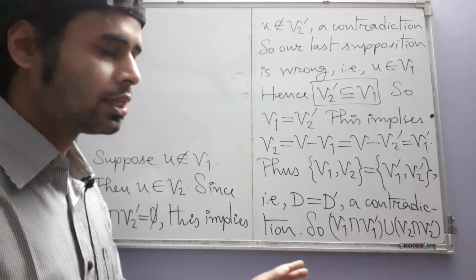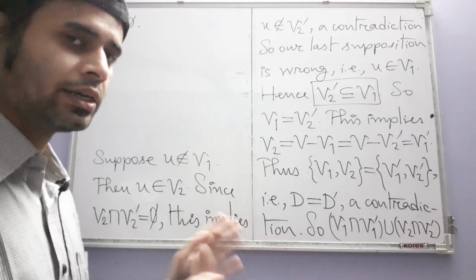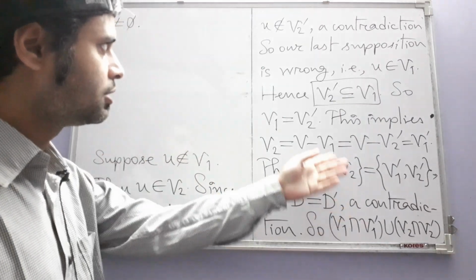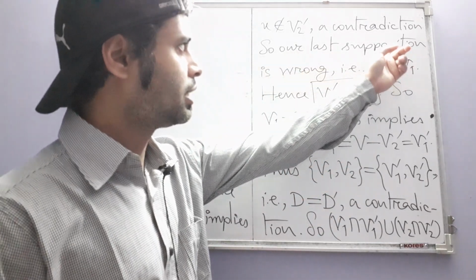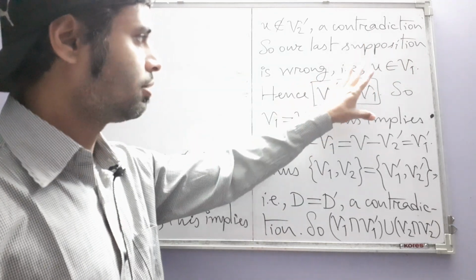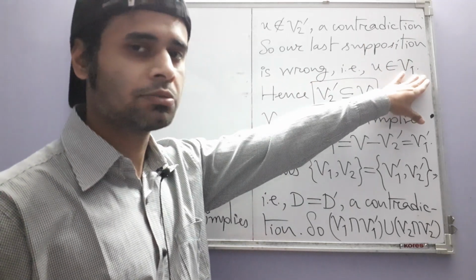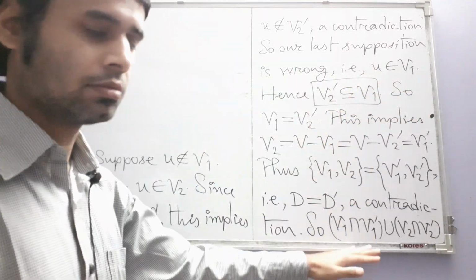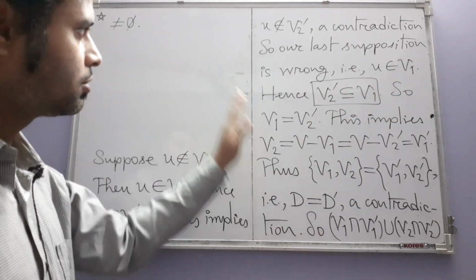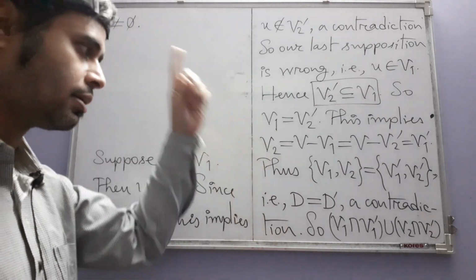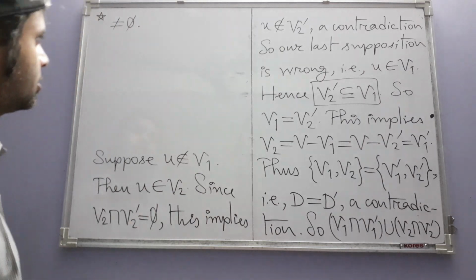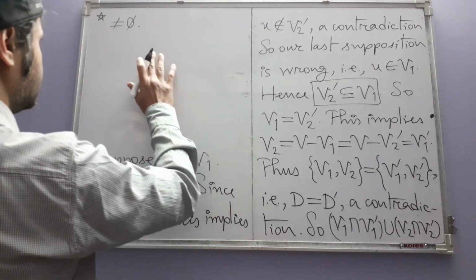Because if you don't do that, then everything will get messed up. So here we proved that this inner supposition is wrong, and so we obtained what we wanted. And then we continued and proved that the outer supposition is wrong, and hence that first supposition also must be false, so its negation is true. Just wanted to say that.